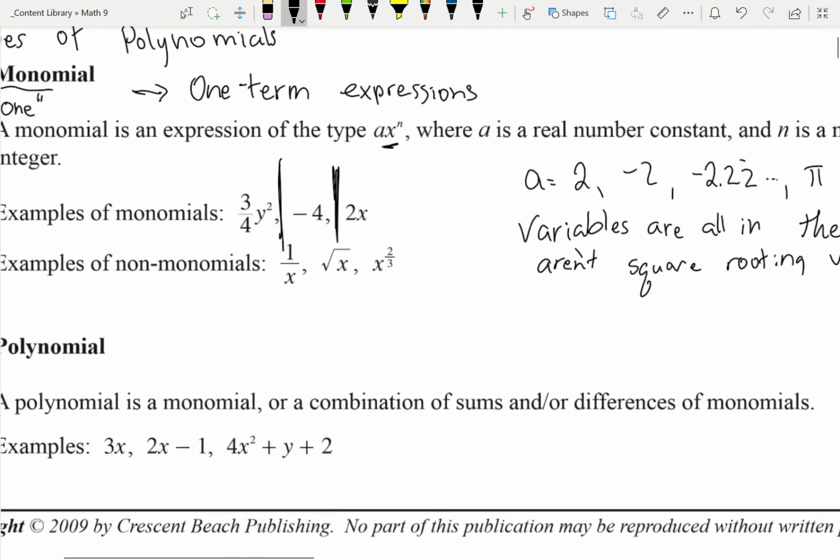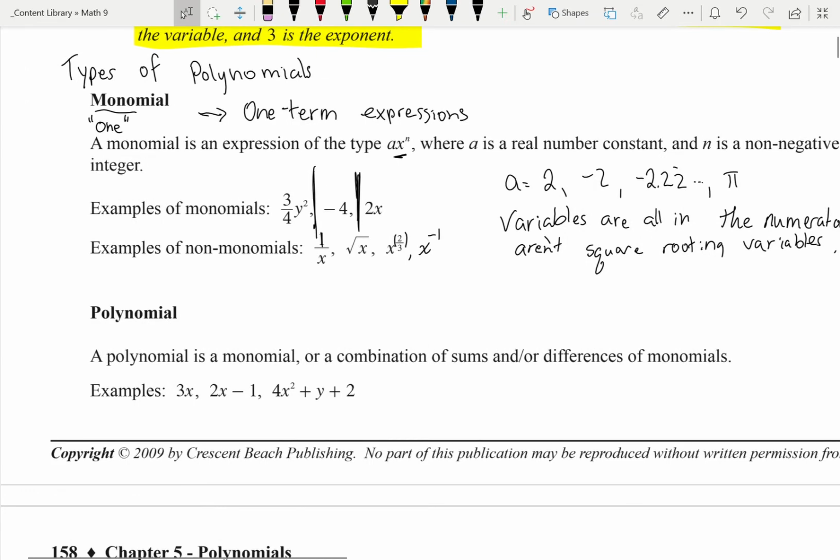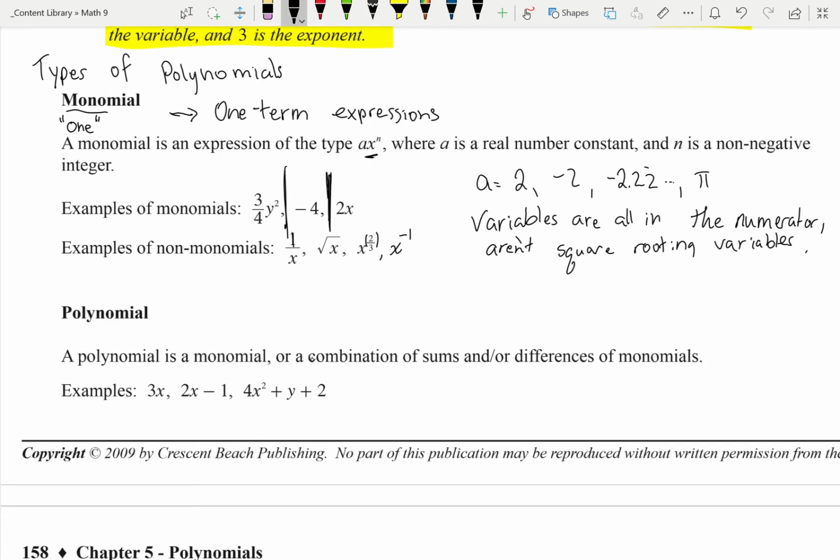So examples of non-monomials, so these are not polynomials, things like 1 over x, or the square root of x, or x to the power of 2 divided by 3, or x to the negative 1. So key bit, our powers have to be non-negative.